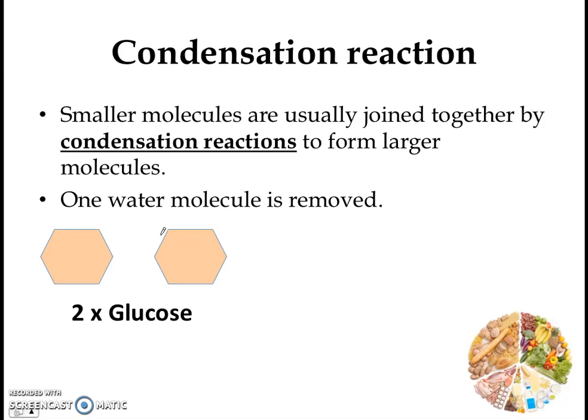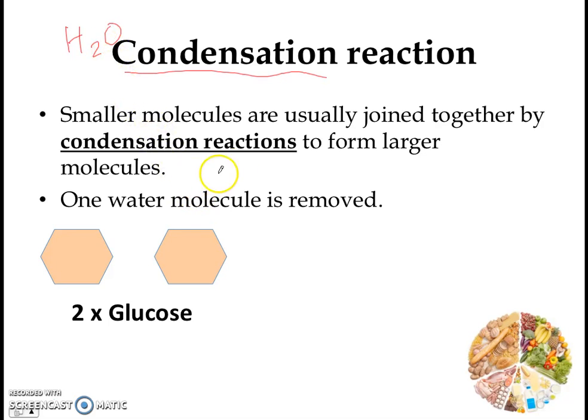So the secret of joining two smaller molecules together is a reaction called the condensation reaction. Now, when have you heard this word condensation before? You're probably thinking about the condensation on your car window or the condensation in your water bottle. And you're not that far off. Condensation has something to do with water.